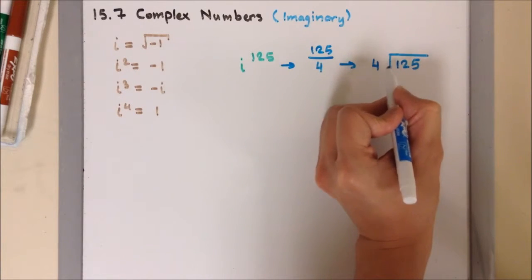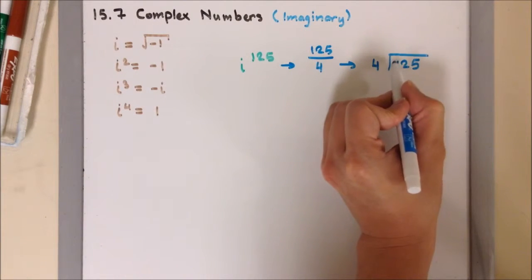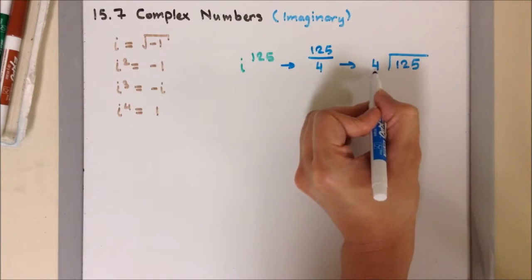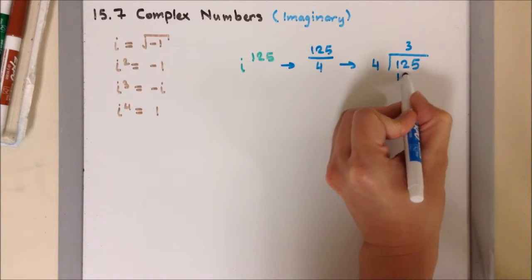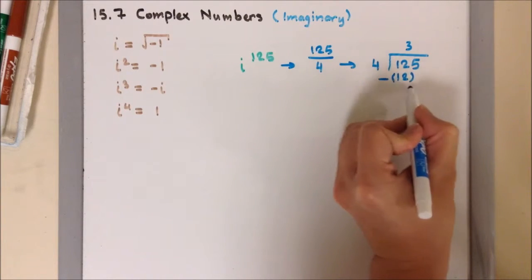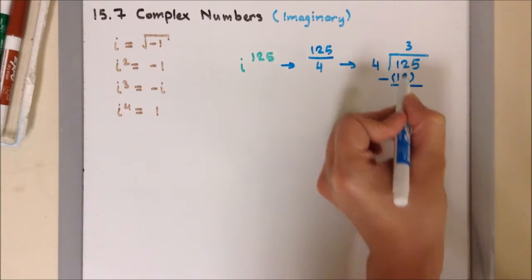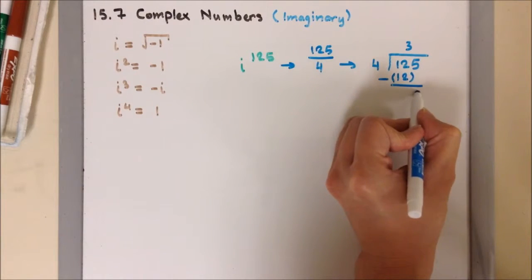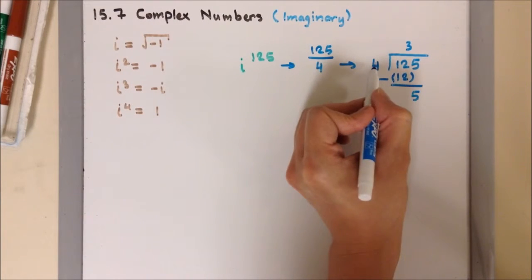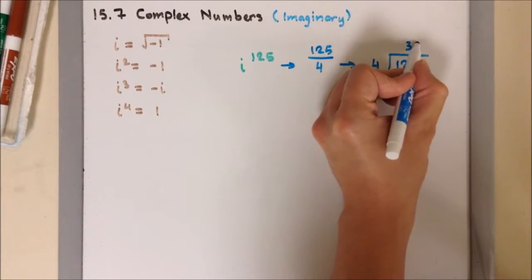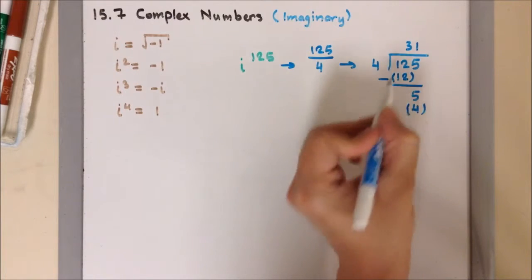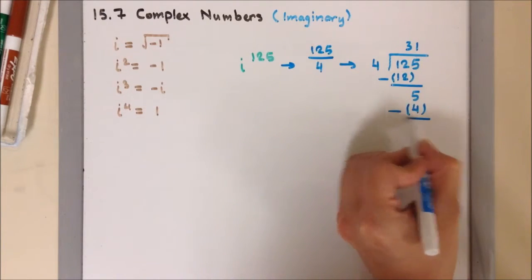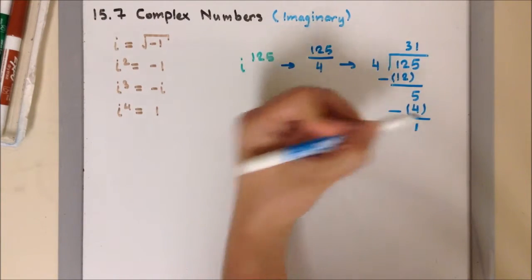Four can't go into 1, so I'm going to use a 1 with the 2, making it 12. 4 can go into 12 3 times. When I subtract, the 12 cancels out, so I'm going to bring down the 5. Next, we're going to say 4 can go into 5 one time. So 1 times 4 is 4. Subtract, my remainder is 1.